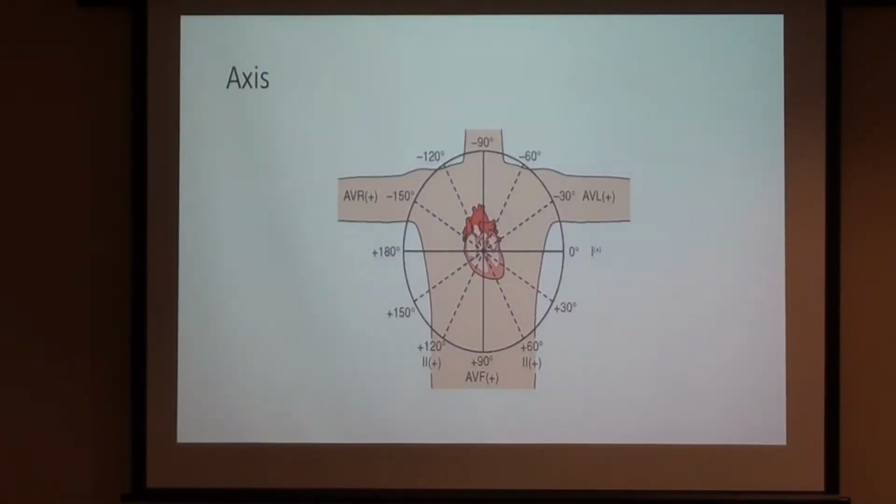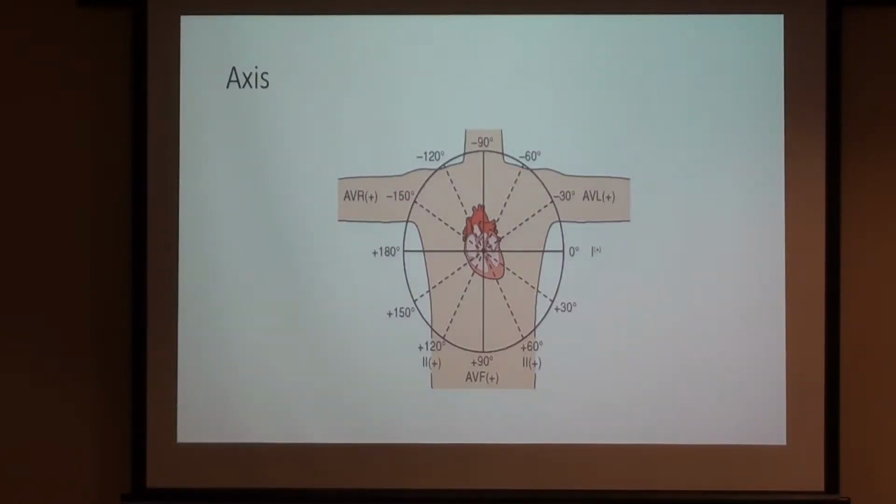The concept of axis, I don't think we talked about that that much last time. But it really has value when you're trying to decide about certain diagnoses, like right ventricular hypertrophy or left ventricular hypertrophy. I'll introduce the concept and we'll talk about it more as time wears on. The purpose of axis is usually talked about in terms of the QRS axis.